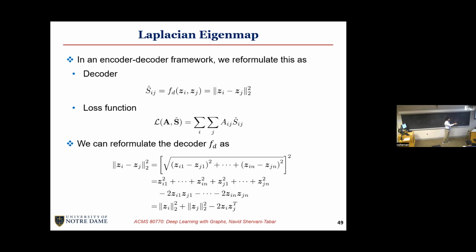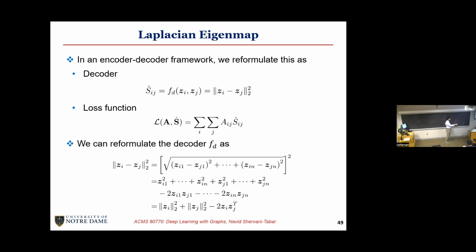Now let's rewrite this distance. We can expand this, and the square root will cancel the square, and we are left with some quadratic forms. We have Zi1 squared plus Zj1 squared minus 2 times Zi1 Zj1, and we will have that for everything in this relation.